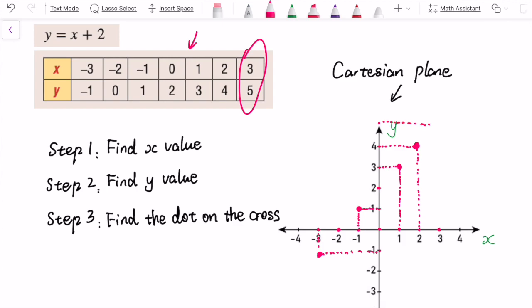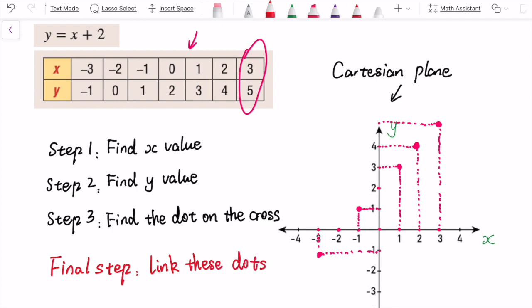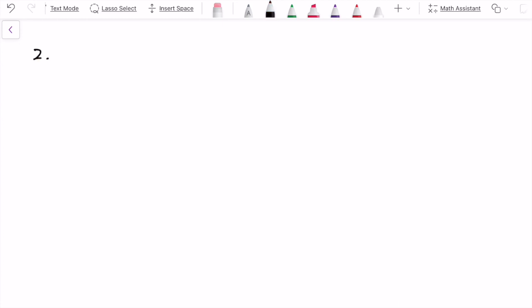And then find the dots on the cross. Final step: link these dots. So we start from here. And that's it.